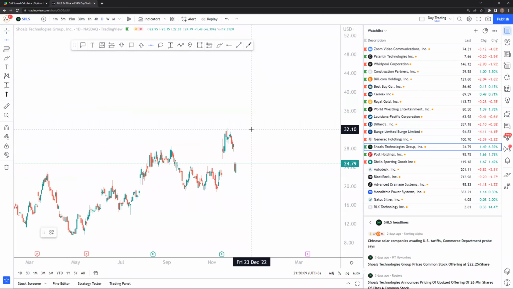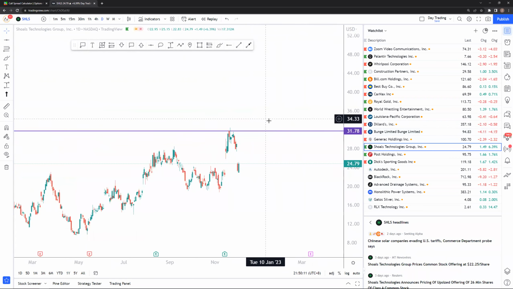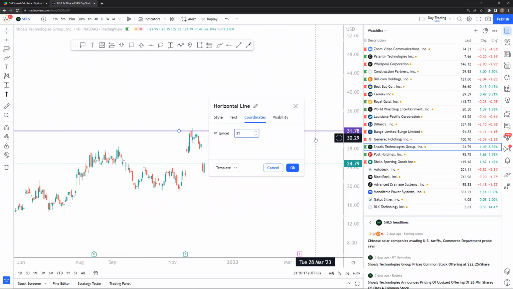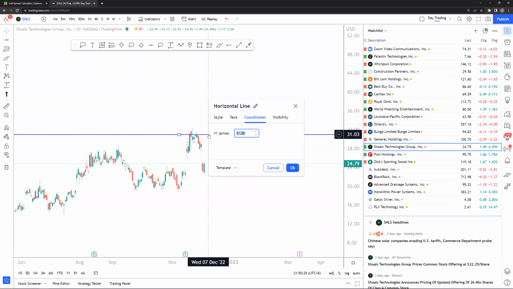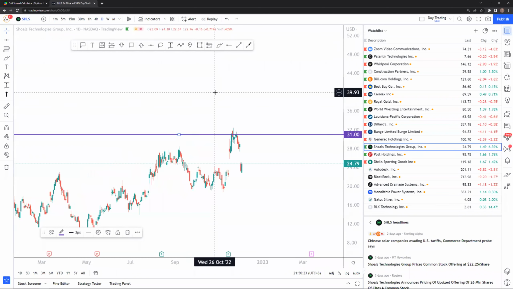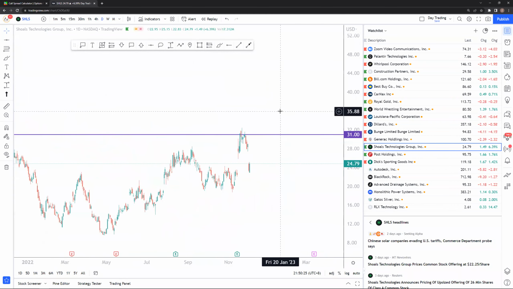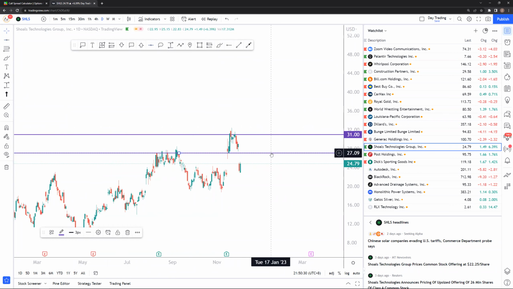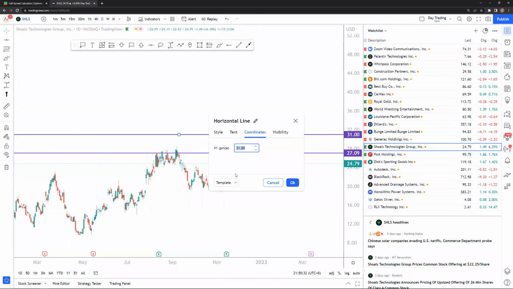Let's say I want to trade Shoals Technology, and you can go there. So that's my TP price. Okay, let's say this is my TP price, 31. And then let's say I want to buy. So this is my TP.